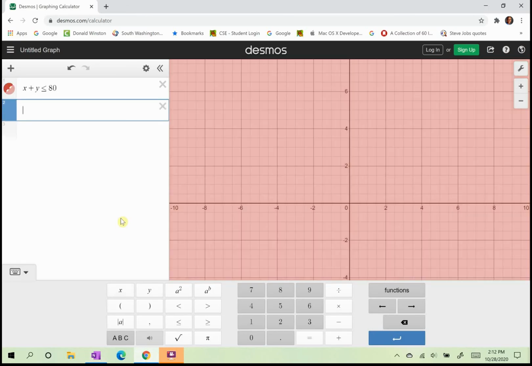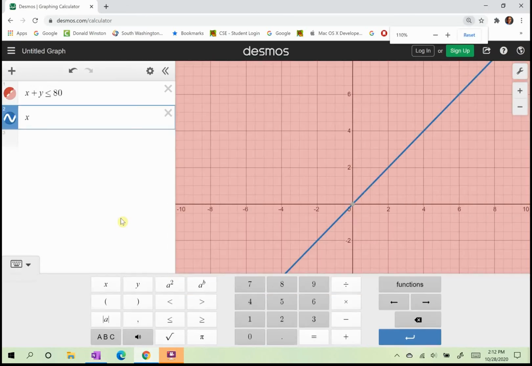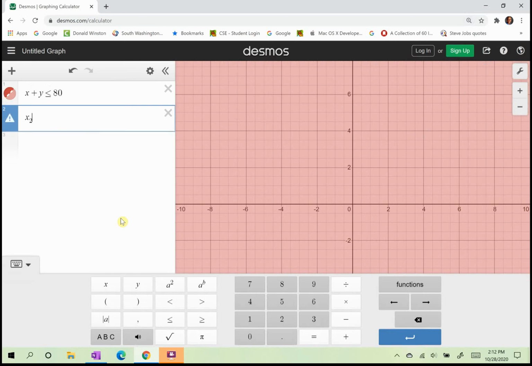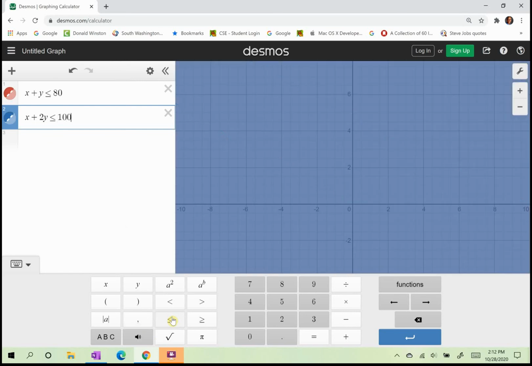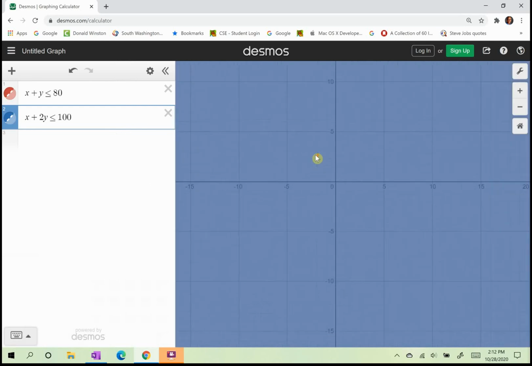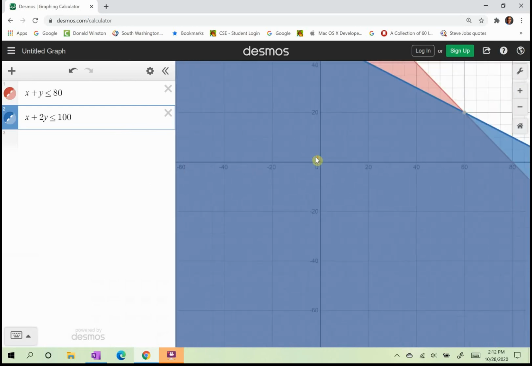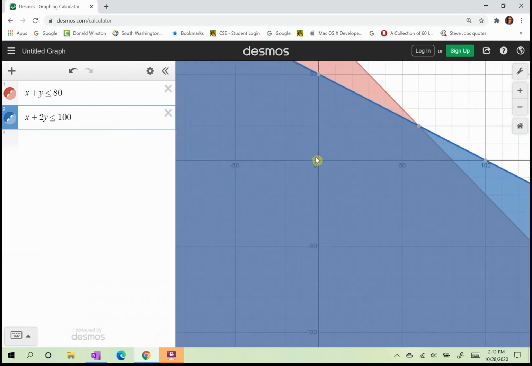And then I press enter. The next one was 1X plus 2Y, and again I'll use less than or equal to 100. As you can see, as I zoom out or zoom in, it's starting to graph that for me.